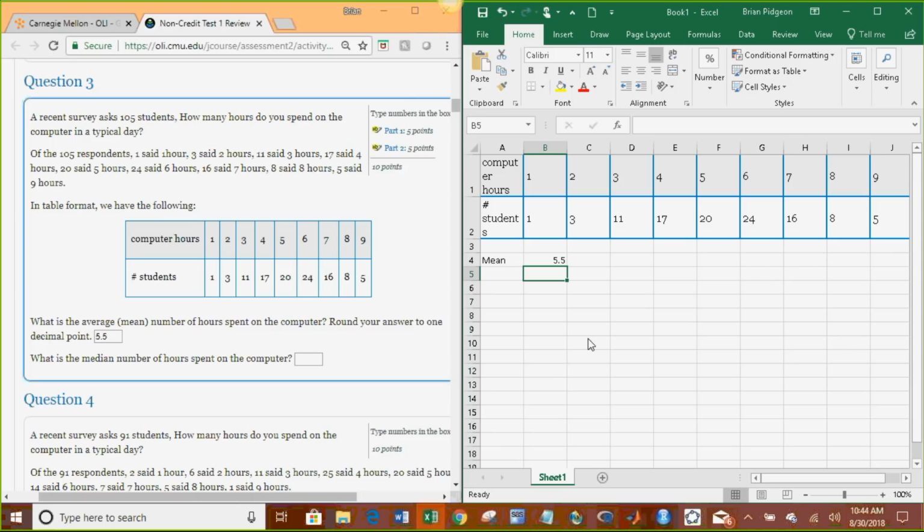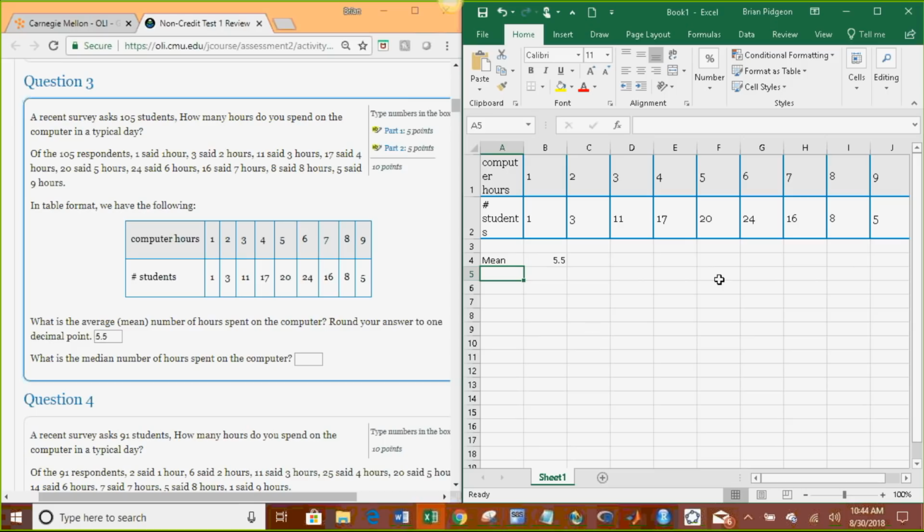So we need to think about what value in our data set is going to break up the distribution into two equal pieces. That's going to be the 53rd observation in this case, because we'll have 52 observations to the left of the 53rd value, and 52 observations to the right of the 53rd value.